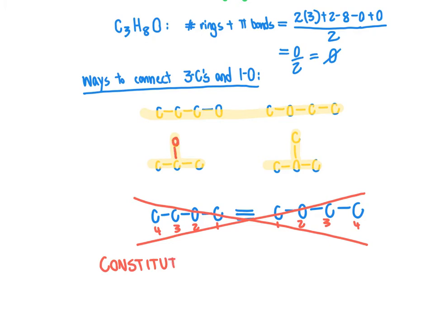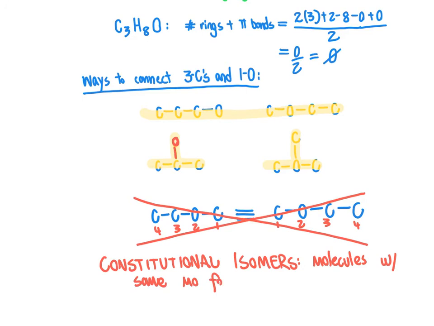So constitutional isomers are molecules with the same molecular formula, which is what we have going on here, but different connections between atoms.